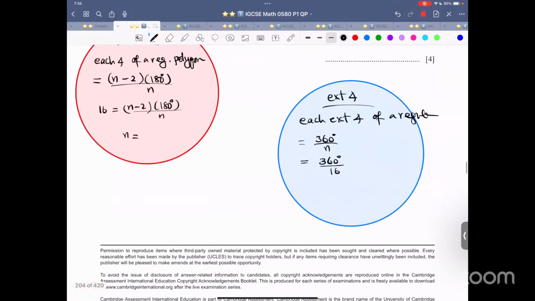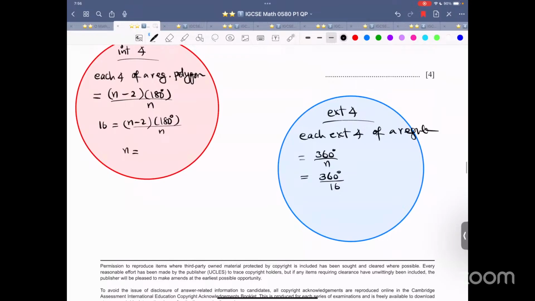This adds up to this thing. Let me just work it out. 16n is equal to 180n minus 360, my bad. So 180 minus 16 is 164, and 164 equals 360.